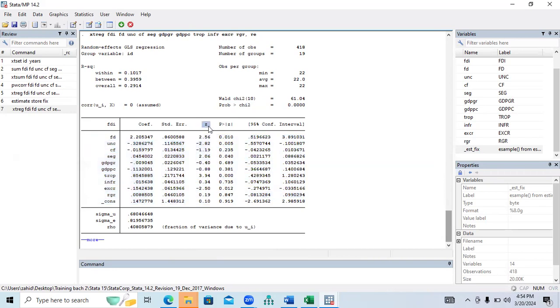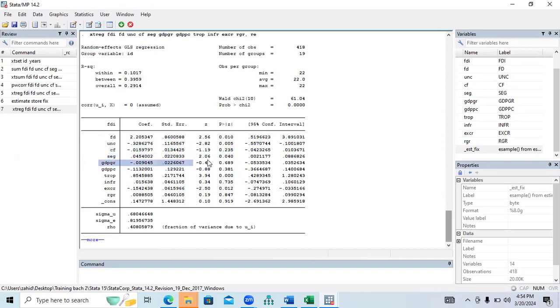In place of T, Z is used in case of random effect models. So you can consider here the first one is significantly and positively impacting. The second one is negatively and significantly impacting. The third one is not significant. The fourth one is significant.